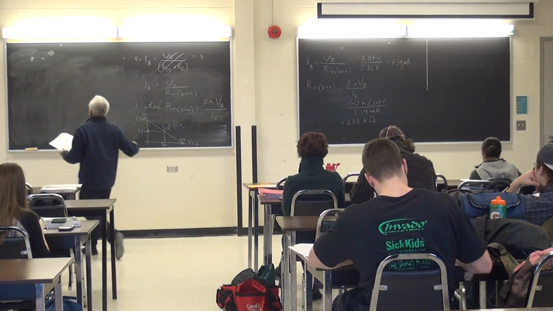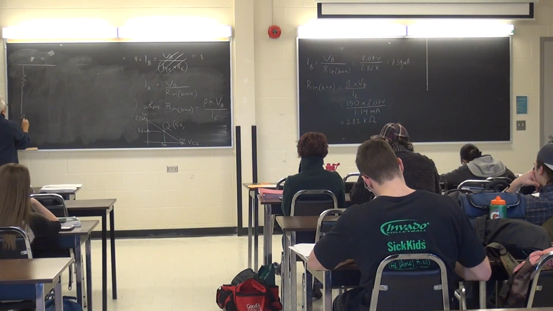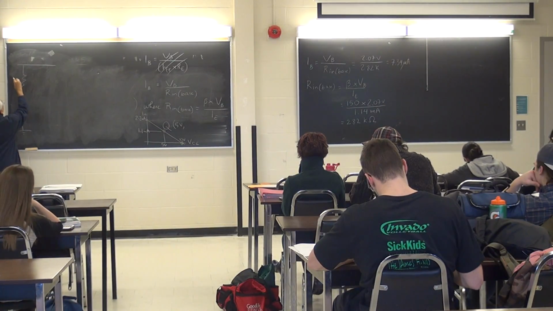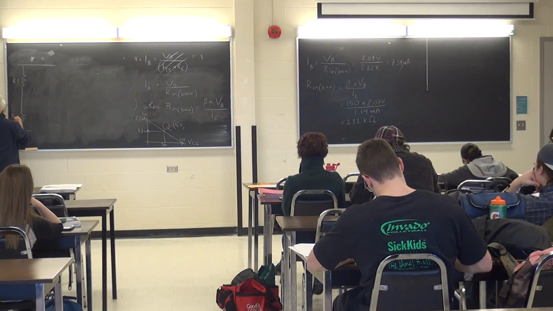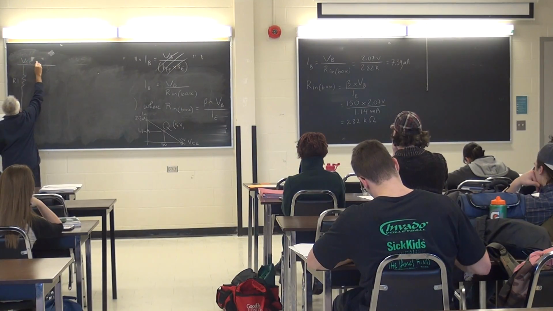So the circuit we're talking about is the same voltage divider. R1, R2 is my voltage divider circuit. The values are not given. What's given is VCC, 12 volts.